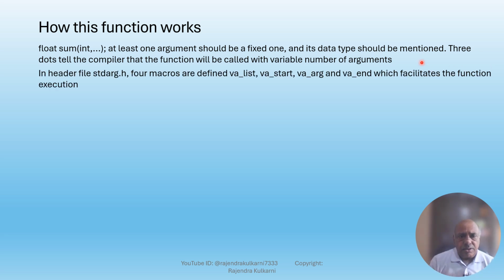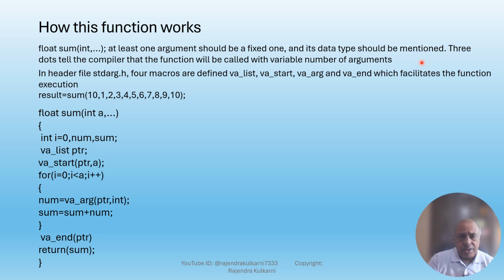In the header file stdarg.h, 4 macros are defined, which are va_list, va_start, va_arg, and va_end. With only these 4 macros a variable argument function is created and executed. Now this is a call: result is equal to sum(10, and then the optional arguments).